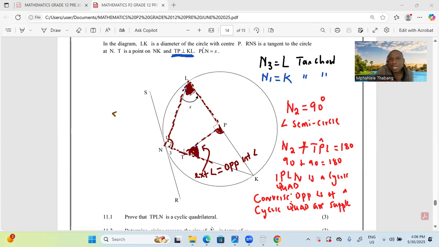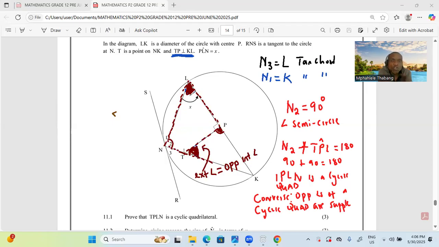So you have to get more information now. There is information that comes as a result of your quadrilateral being a cyclic quad. Because we found that the quadrilateral is a cyclic quad, we know that the exterior angle of a cyclic quad equals the opposite interior angle. So my advice is, immediately you finish proving that a quadrilateral is a cyclic quad, do not rush into answering other questions.